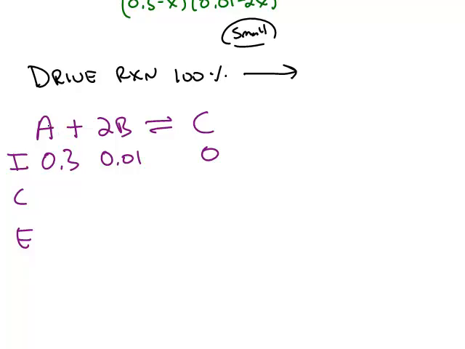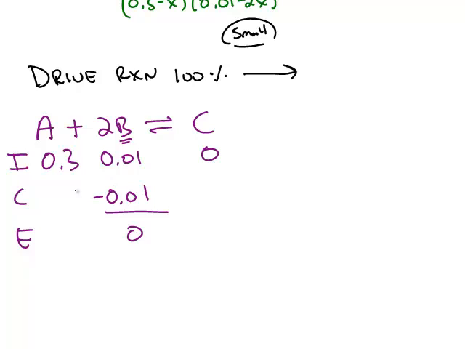Now, this involves the stoichiometry that you have to figure out your limiting reactant based on the initial concentration and the coefficients. And in this case, the limiting reactant will be chemical B, which means when the reaction goes completely to the product side, all of the B gets used up.